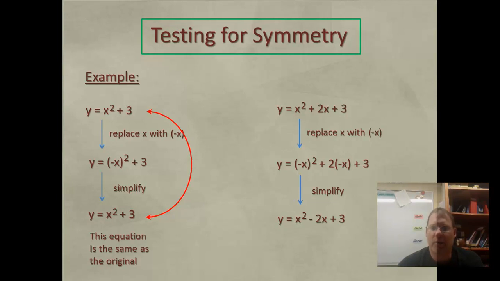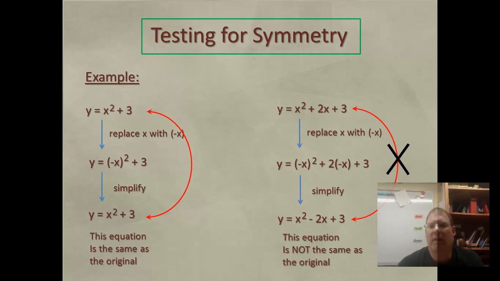So the equation that we end up with is not the same as what we started with, so that equation is not symmetric. Okay? So replace x with a negative x, whittle the equation down, and see if it's the same as it started.